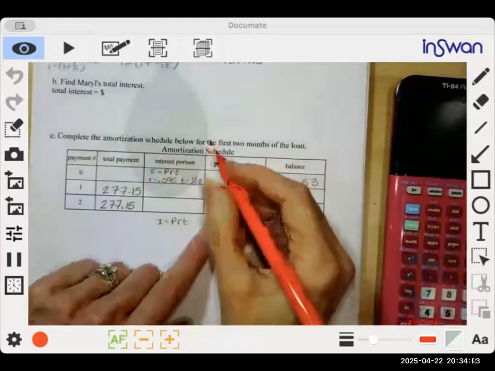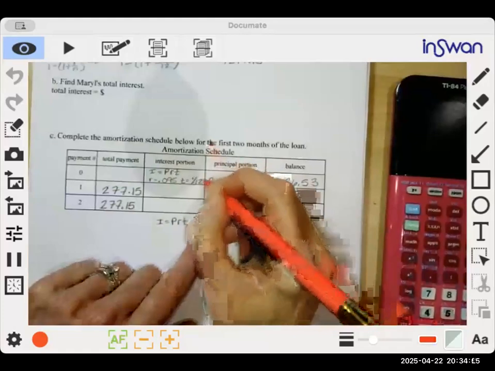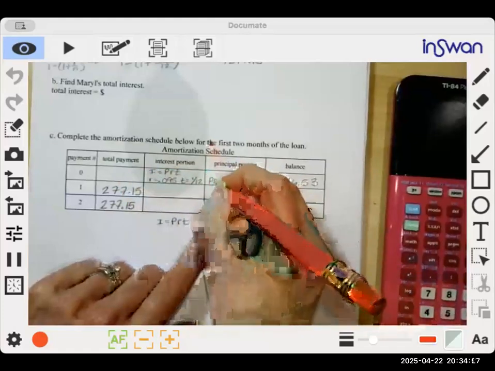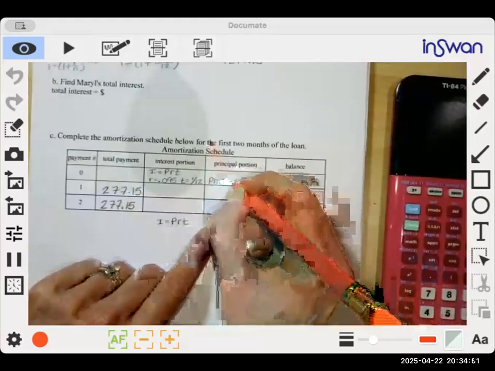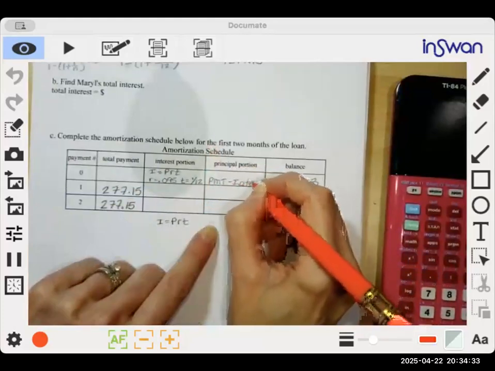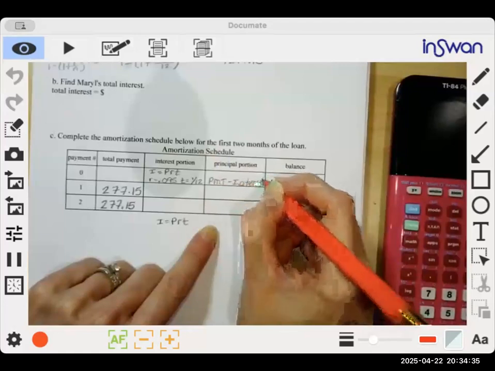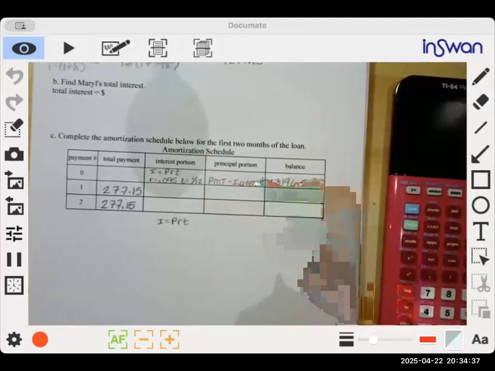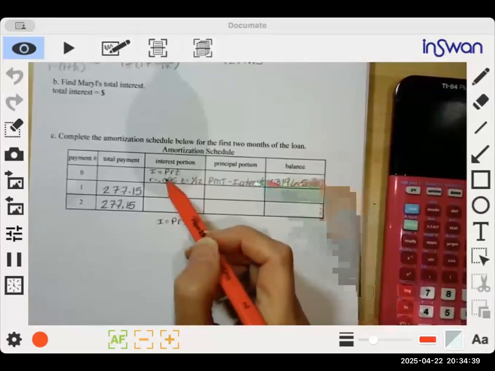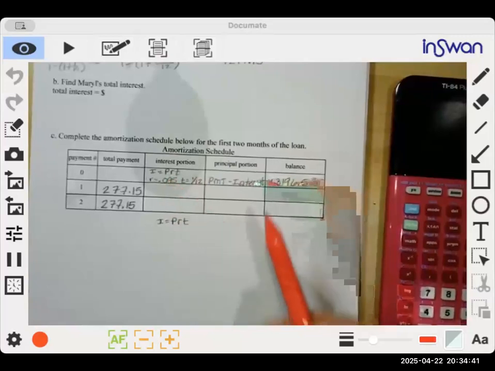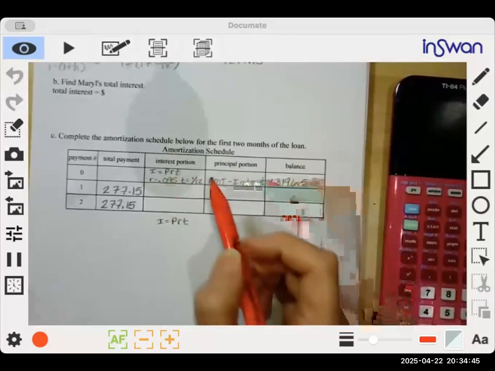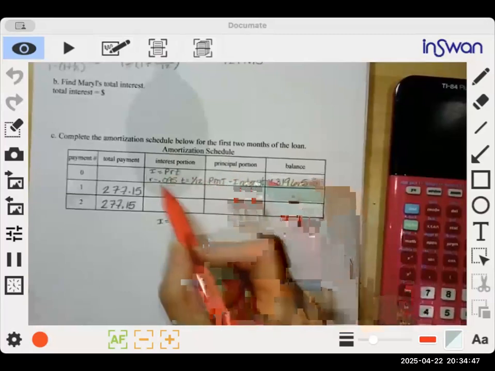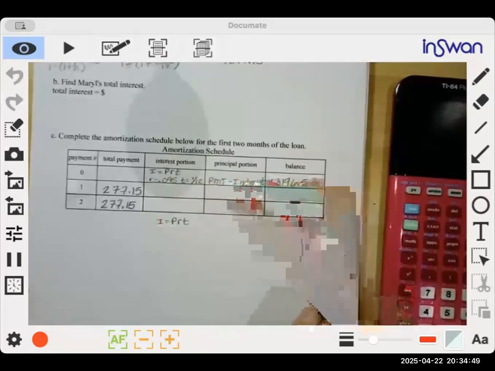And then the principal portion is going to be our payment amount minus the interest. So interest is PRT, but then principal portion, you kind of have to reason out that you're taking your payment and subtracting that interest.